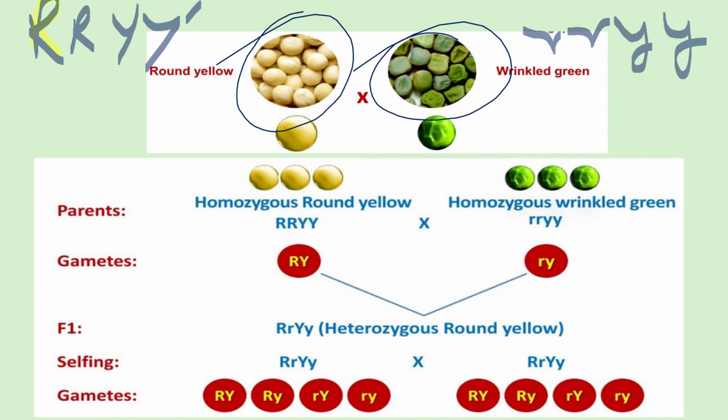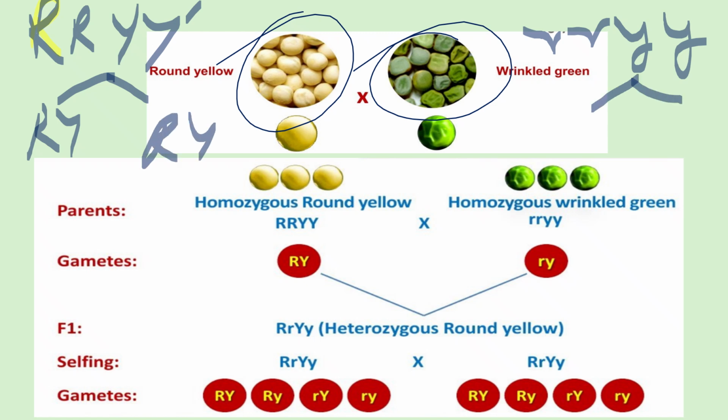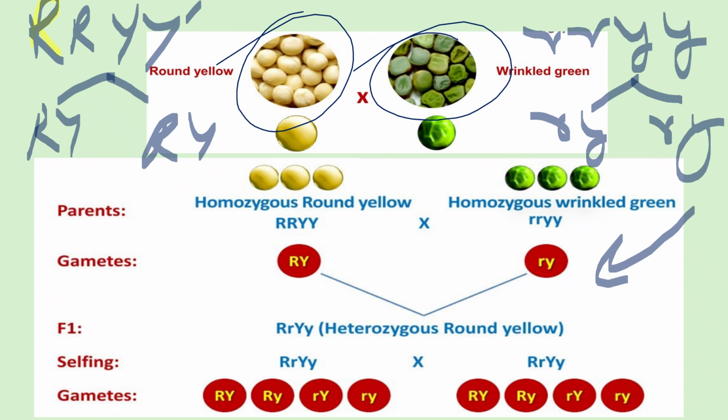So first of all, the law of segregation says that these are to be separated. So they will be separated like RY, and this will be separated like ry, as you can see here. So these are the gametes which on fertilization fuse to form the zygotes.